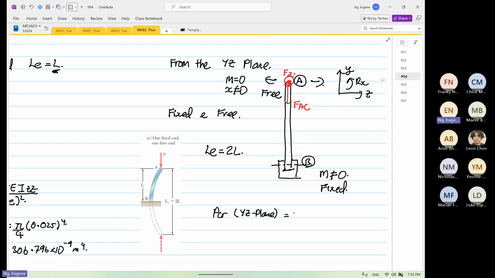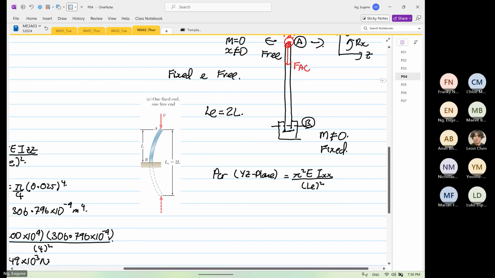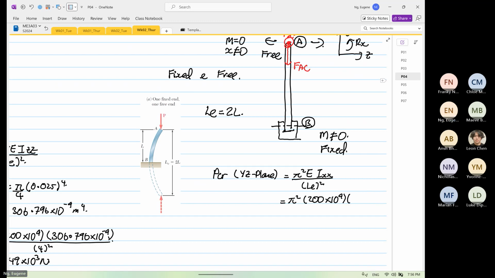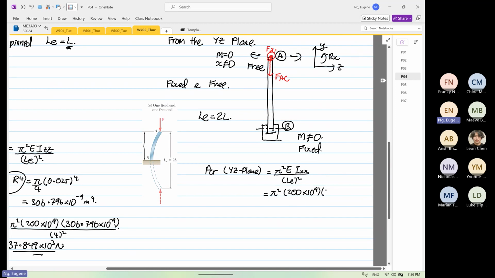The formula is pi squared E IXX over LE squared. So this is equal to pi squared, Young's modulus is 200 times 10 to the power 9, and IXX and IZZ are the same because it is a rod.